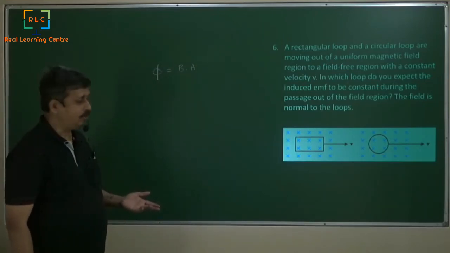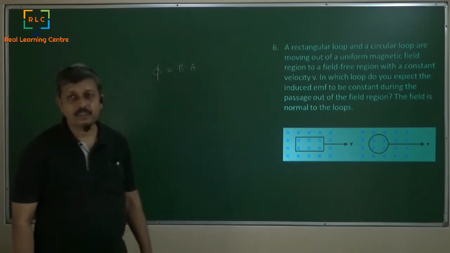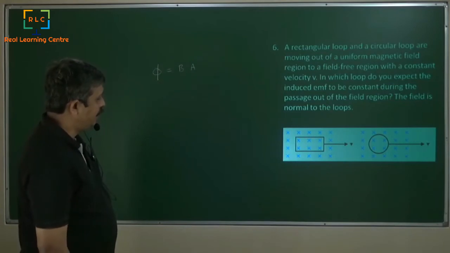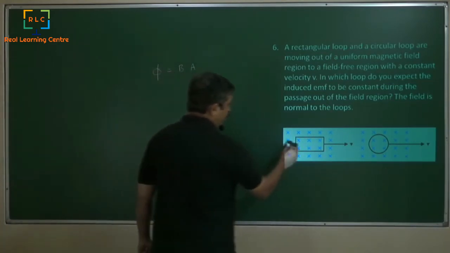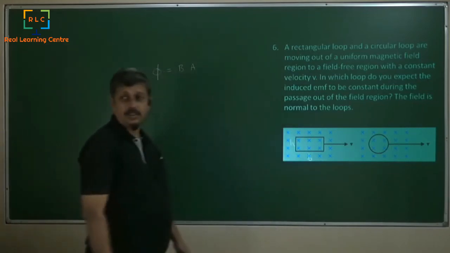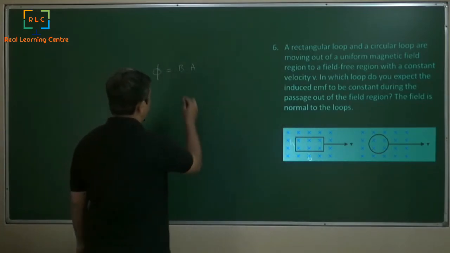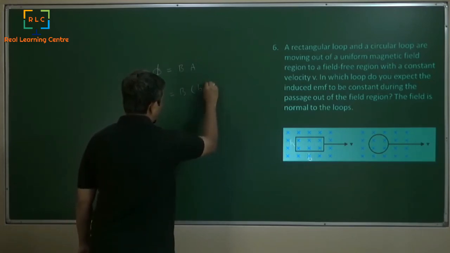Cos 0 is 1, so we can simply say B into A. Now what is A? Let us say this is the breadth and this is the height. So A is breadth into height, so flux is B times breadth into height.